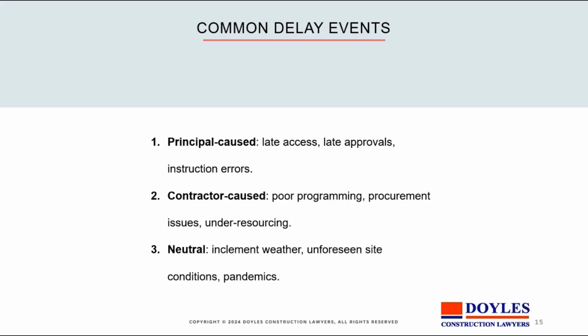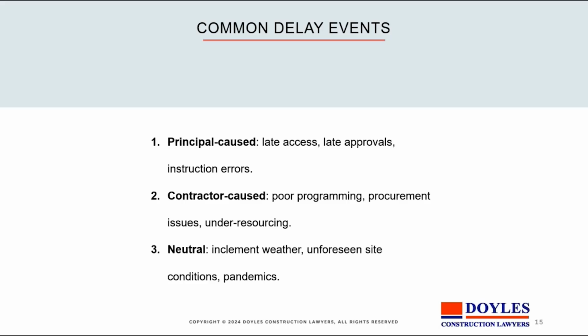You've got, of course, in common delay events, principal caused, contractor caused, and neutral. So weather, unforeseen site conditions, pandemics, they're all neutral. And usually they might allow a contractor time, but they might not allow him money.